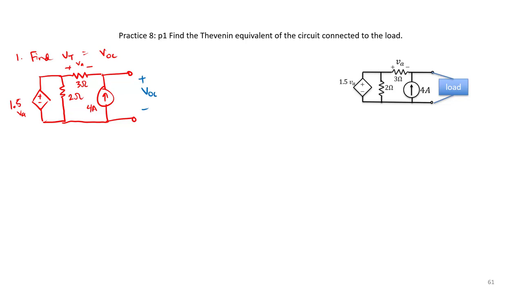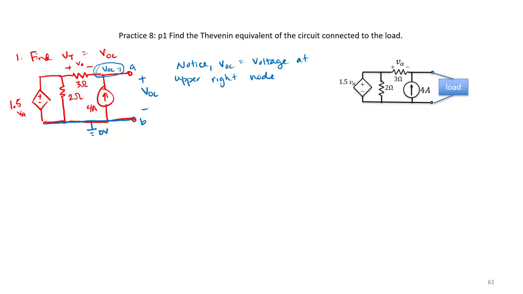Remember, VOC is basically the voltage across terminal A to terminal B. If I let the bottom portion of my circuit be sitting at ground or 0 volts, I can determine that VOC must be the upper right node. So our task is to find VOC.